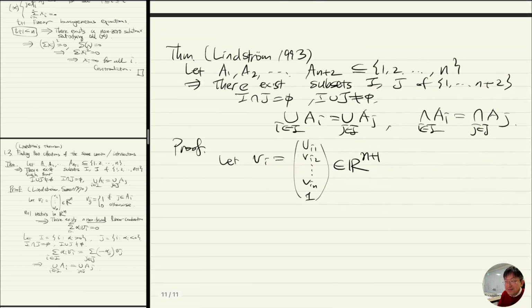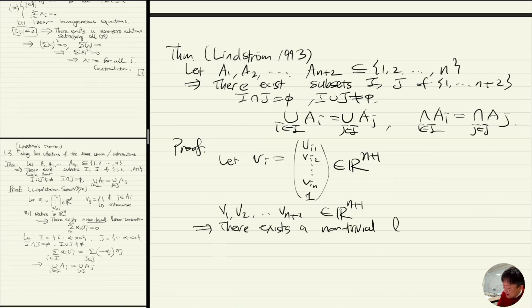All right, why does it help me? Now v1, v2, up to vn plus 2 are vectors in Rn plus 1, so they are linearly dependent, so there exists a non-trivial linear combination.